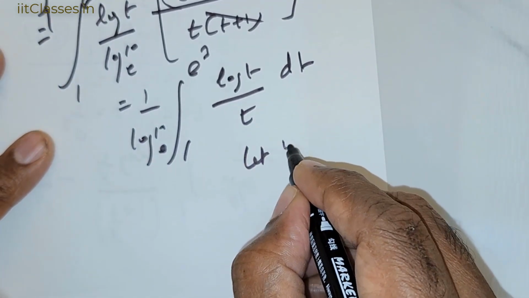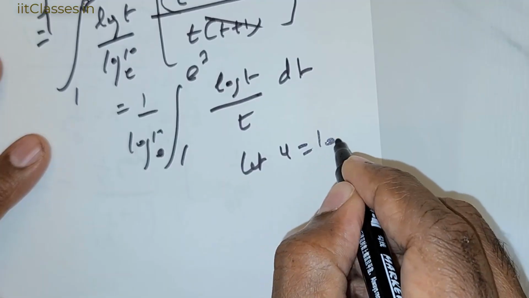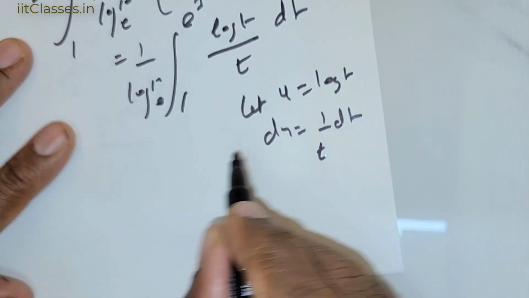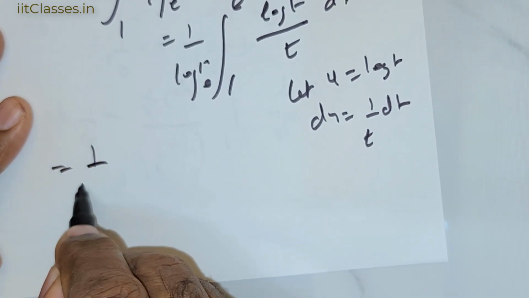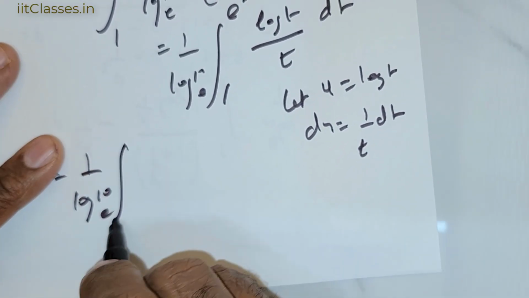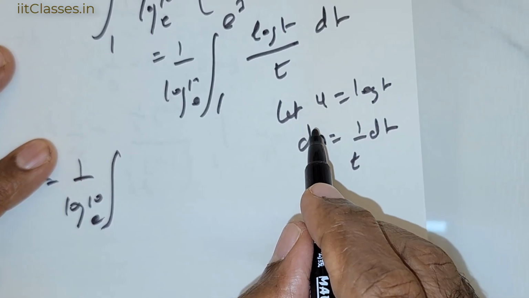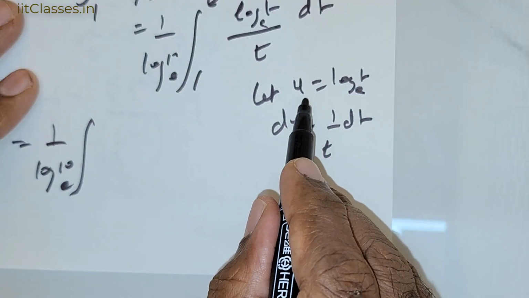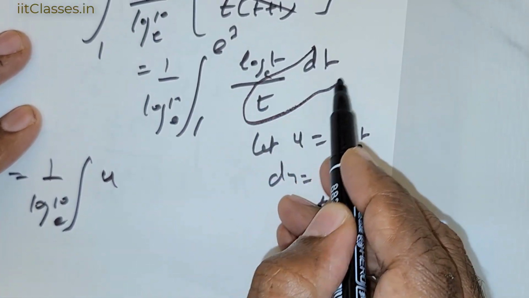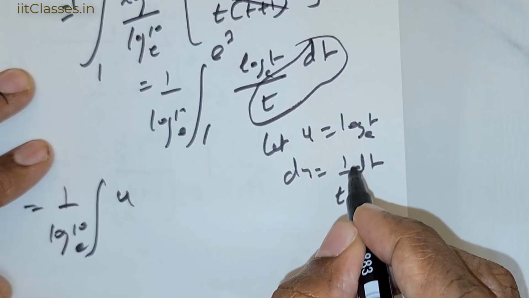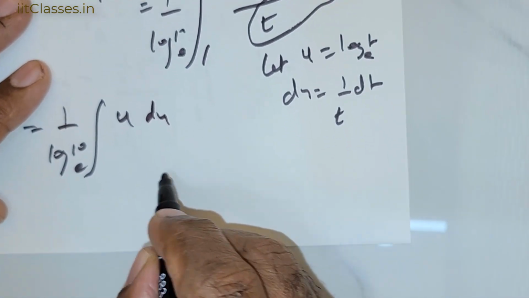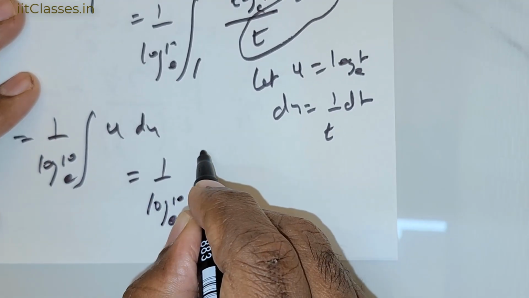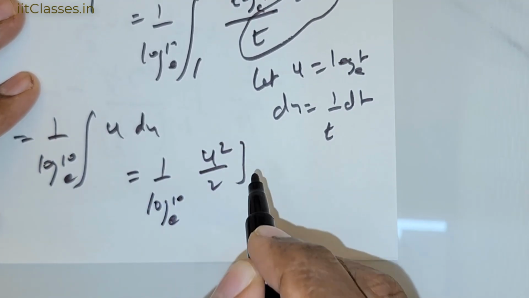Now let u be equal to log t. You differentiate, du is equal to 1 over t times dt. So this is going to be 1 over log 10 to the base e, integral. Now this log t to the base e is taken to be u, and dt over t is going to be du. So you integrate this, you get 1 over log 10 to the base e, u squared over 2 with limits.